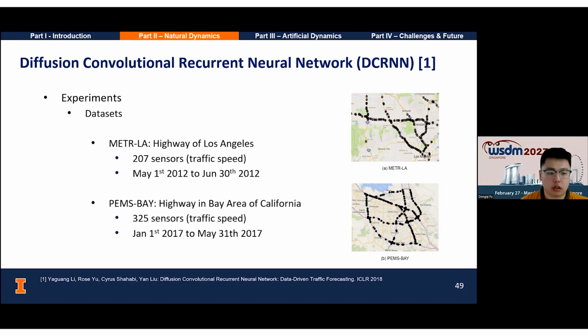In this network, we have 325 sensors. Also, each sensor is recording the traffic speed of a road segment. And this time series is recorded from June 1st, 2017 to May 31st, 2017.